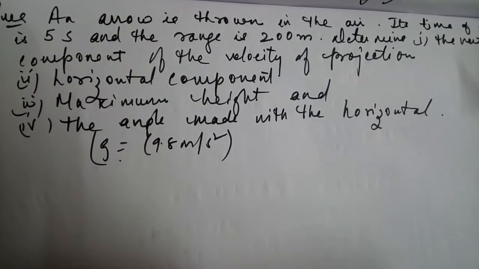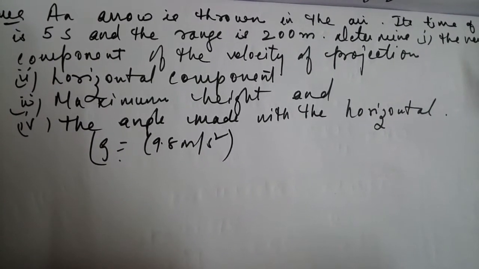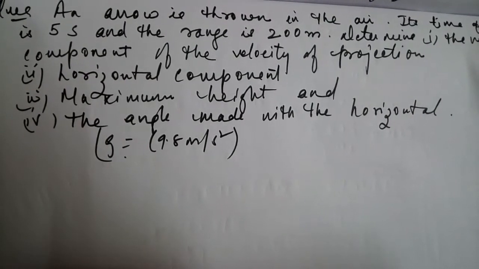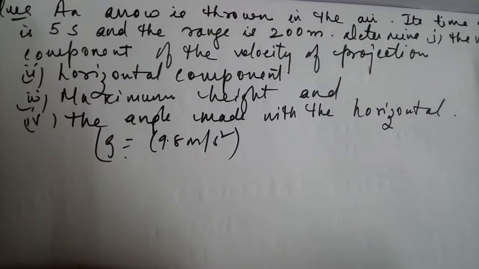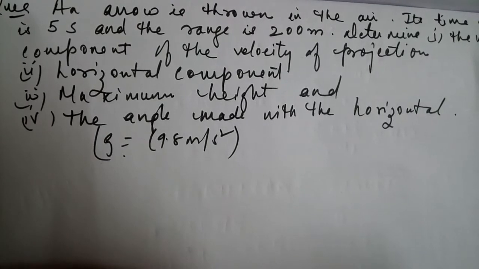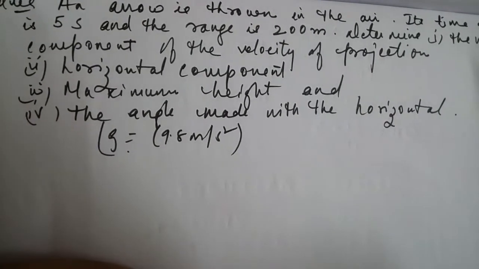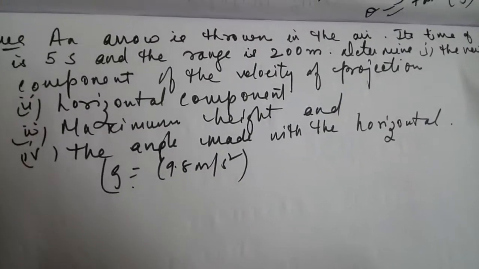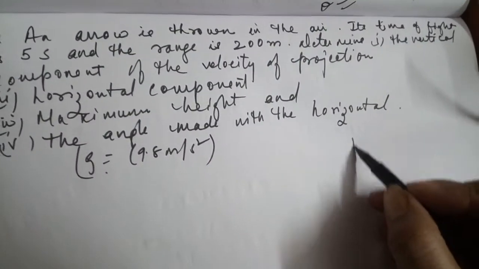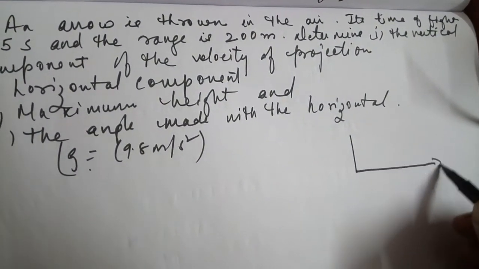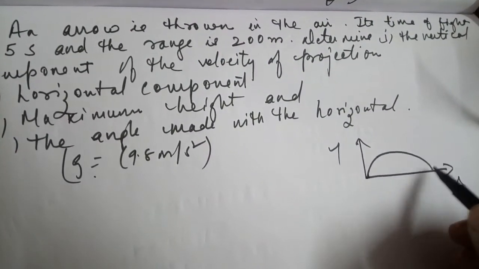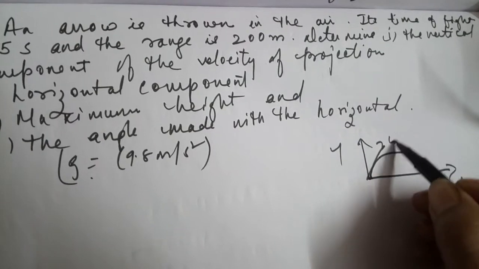Determine, number one, the vertical component of the velocity of projection. Second, the horizontal component. Third, the maximum height, and the last, the angle made with the horizontal. This is the trajectory of the projectile, and this is the initial velocity u.